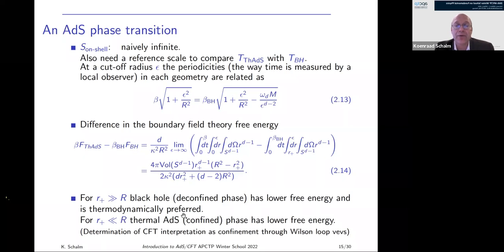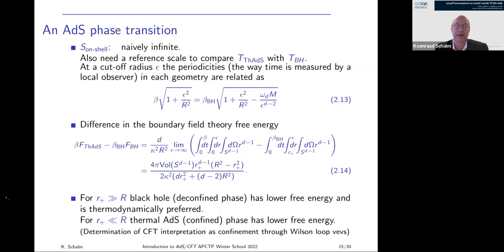Now, I've put two comments behind what these phases are. The black hole phase corresponds to a deconfined phase, and the thermal ADS phase corresponds to a confined phase. This is a separate computation you can do in ADS CFT. We know that in gauge theories, confinement and deconfinement can be diagnosed by computing the expectation value of a Wilson loop.